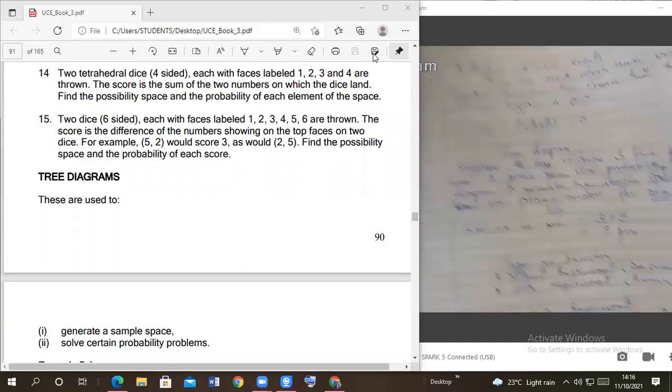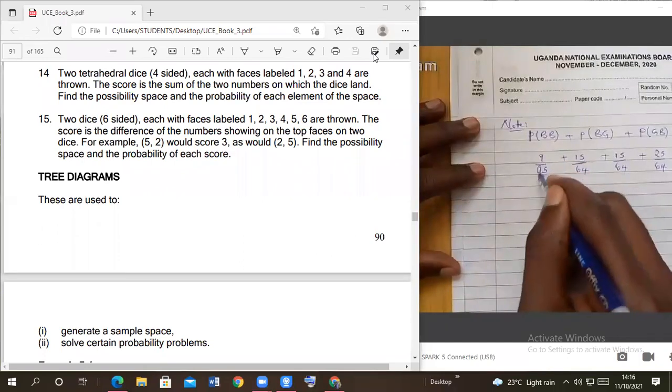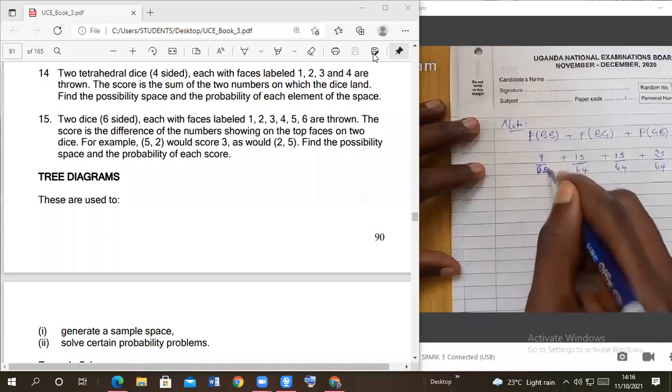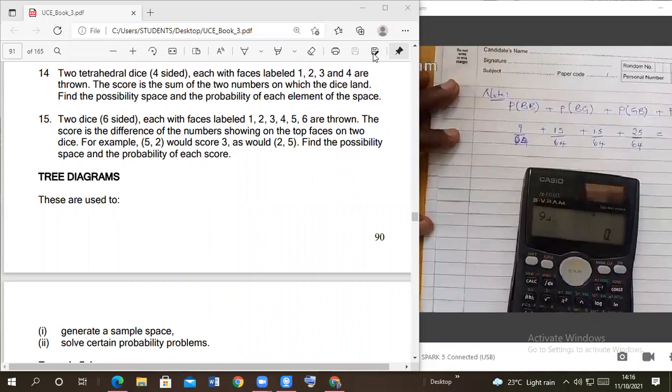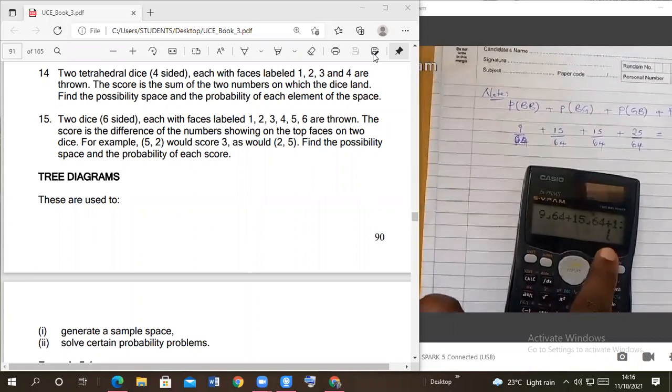It's supposed to be 64. That's why it was giving me a different thing. So it's 9 out of 64 plus 15 over 64 plus 15 over 64 plus 25 over 64. You can see that it's giving us 1, not so? Yeah, which means we have drawn our probability diagram correctly.